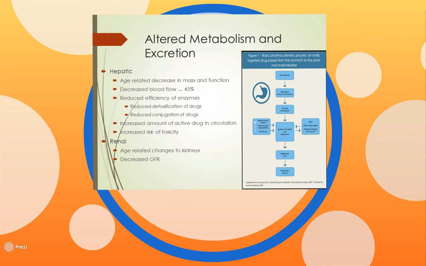That results in an increased circulation of the active drug, and that was the unbound protein, right? And that means our patients are at higher risk for drug toxicity, especially with medications that have a more narrow therapeutic range.